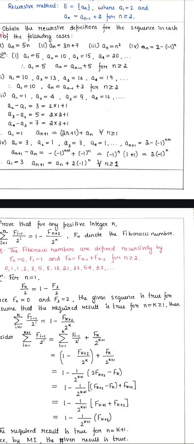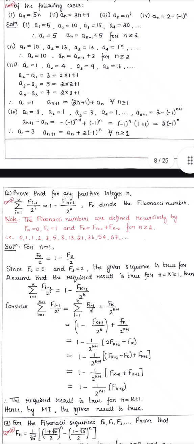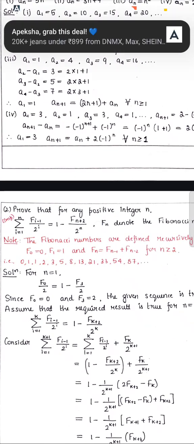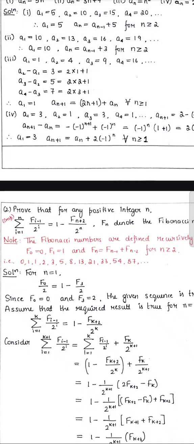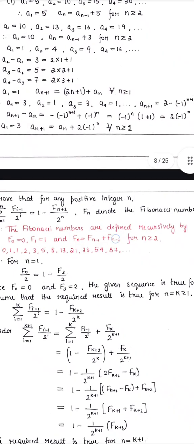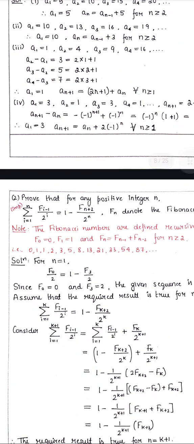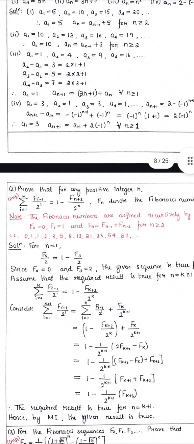So minus into minus becomes plus, so we have minus 1 power n plus 1 plus minus 1 power n. Minus 1 is common in both, so take it outside. Then 1 into minus 1 will be left, so that is 1 plus 1, which is 2. So 2 into minus 1 power n. That is the difference, which we add to the previous value.